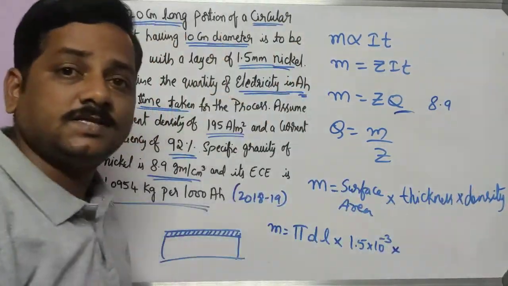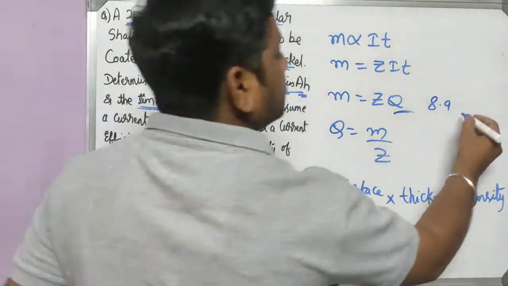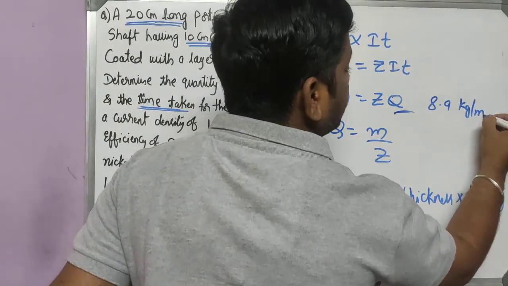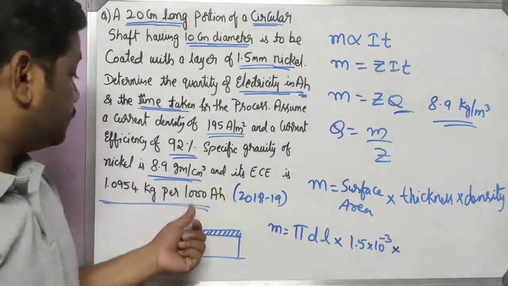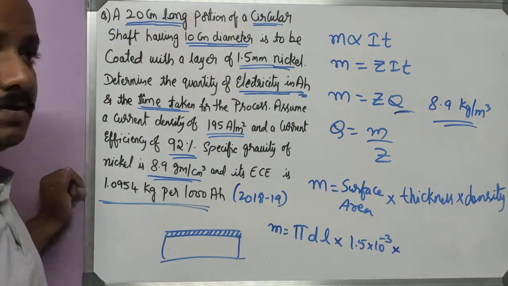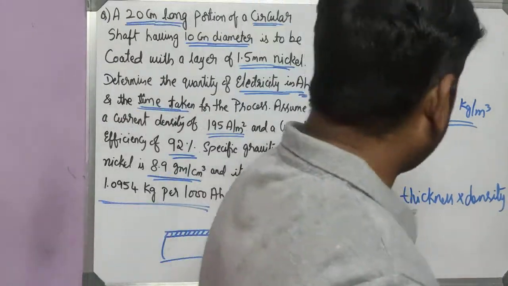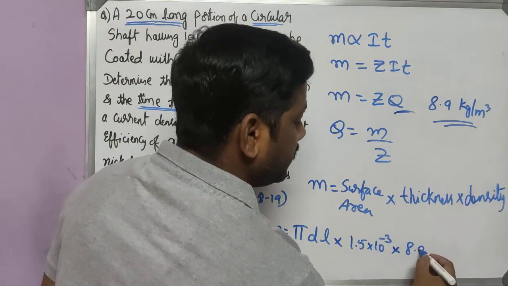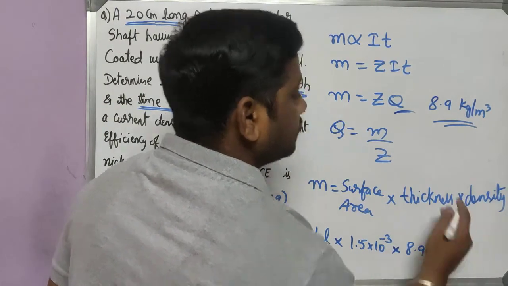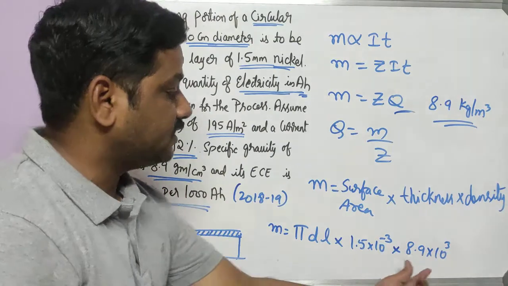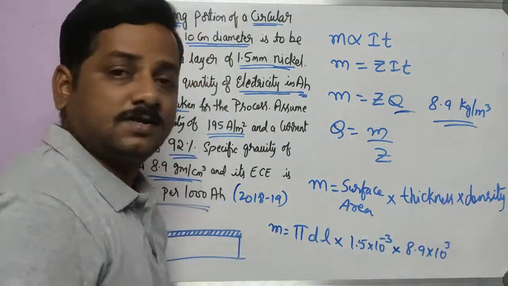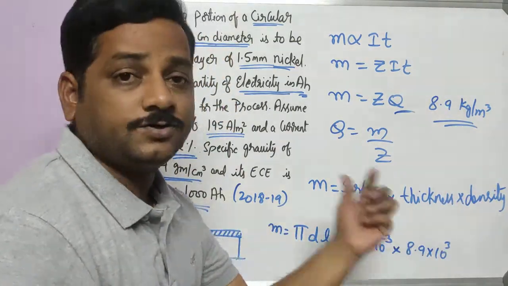But we want the density of nickel in terms of kg per cubic meter. In the question it has been given in the form of grams. So what we do is 8.9 into 10 to the power of 3, so that we will get it in terms of kg. So that is the density of nickel, 8.9 into 10 to the power of 3.